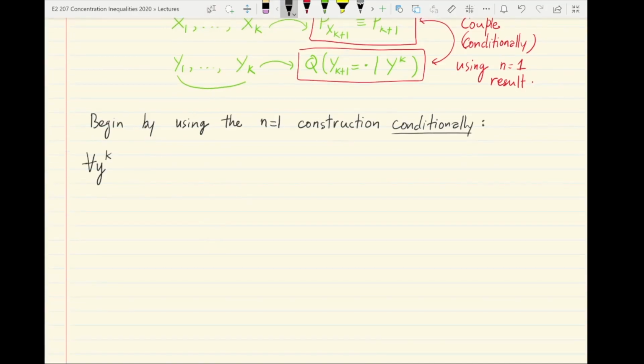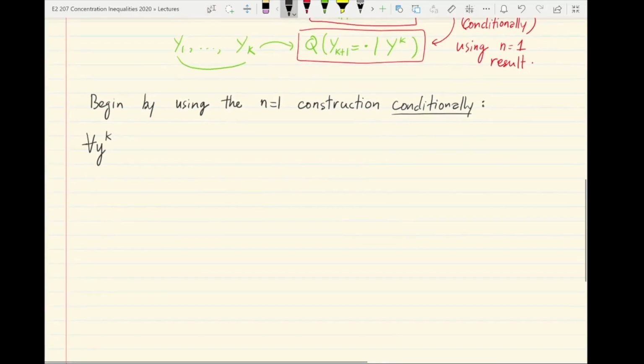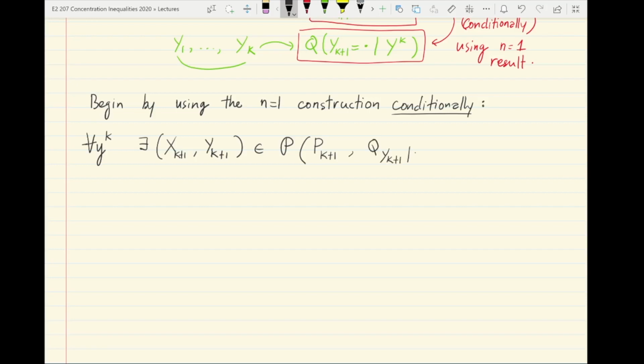So what is this construction that is guaranteed to exist? There exists a coupling between xk plus 1 and yk plus 1 that couples the distribution pxk plus 1 with the conditional distribution of yk plus 1 given the first k y's are equal to small y1 through k.